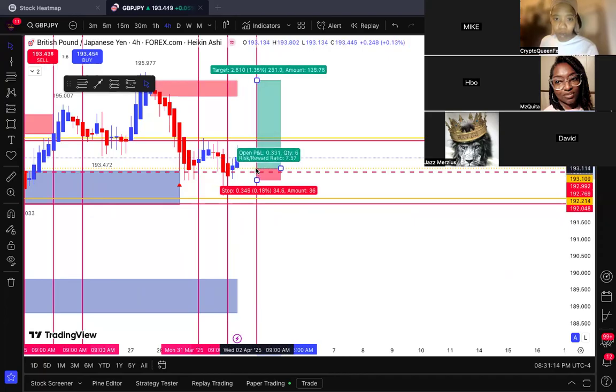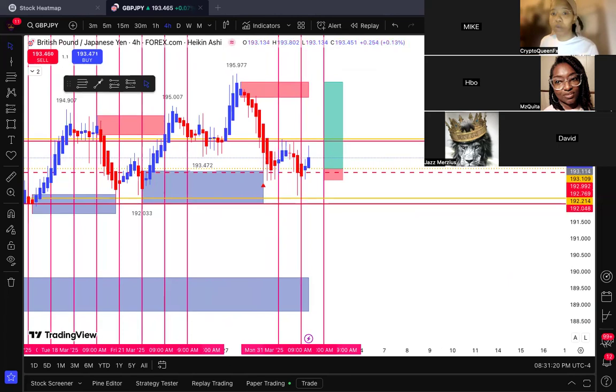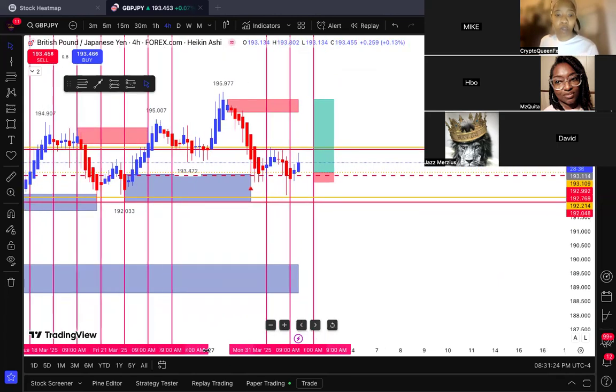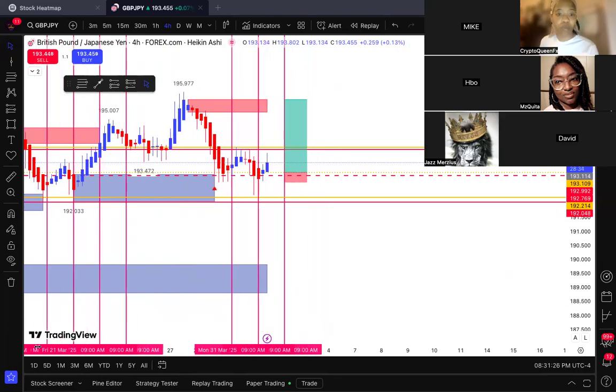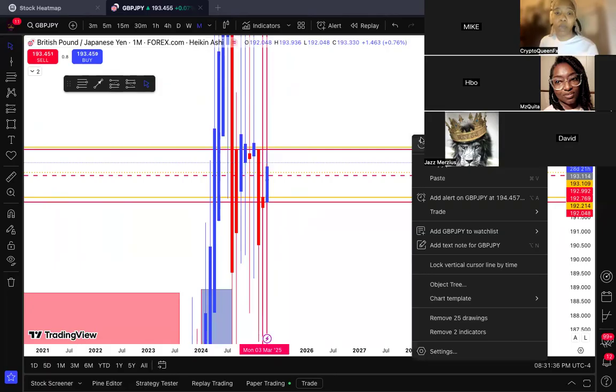It's already pulling back. But that's the long position. Depends on how long y'all want to hold. But that's a good trade. It's coming out of a monthly, weekly buy order block.